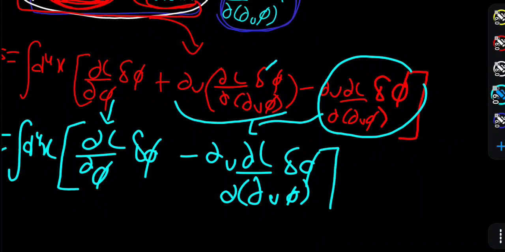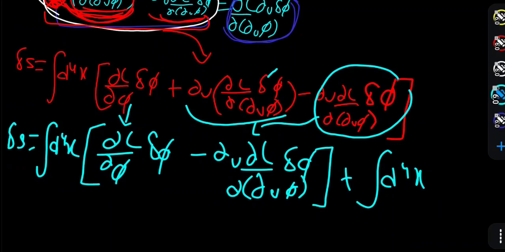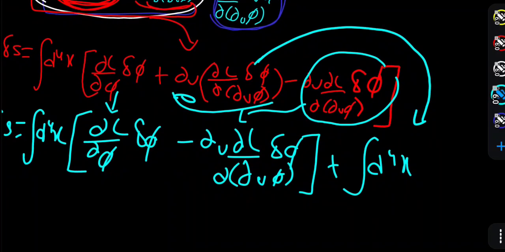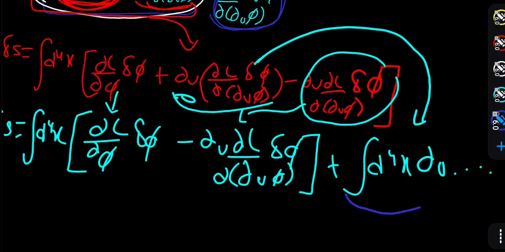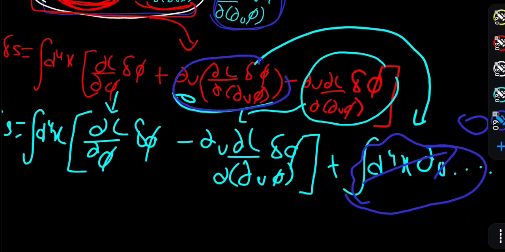these two separately, and plus again d⁴x, which I said I'm going to separate. I'm going to write this particular equation here, ∂_μ, and whatever the equation is, the fact is that this particular quantity goes to 0.